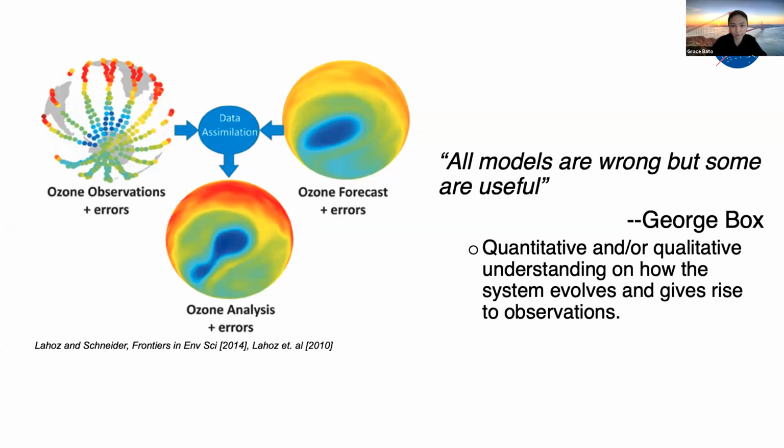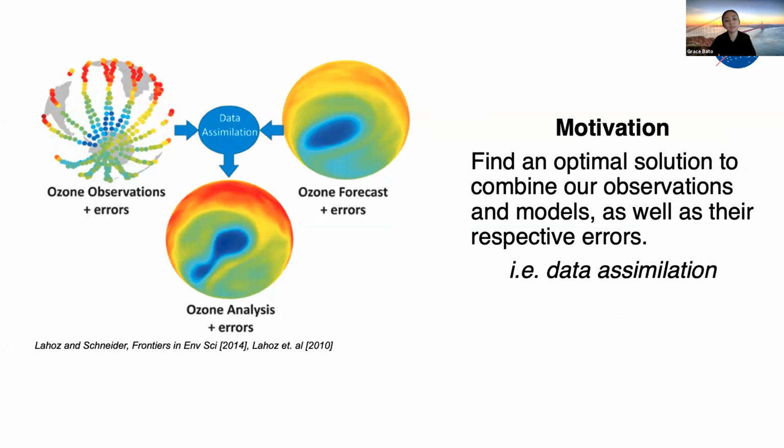According to George Box, all models are wrong, but some are useful. So I guess the main motivation here is to find an optimal solution or blend to combine our observations on one hand and our models on the other hand, as well as their respective errors. And to just boost the interest in this model data fusion strategy, I'd like to present this figure here.